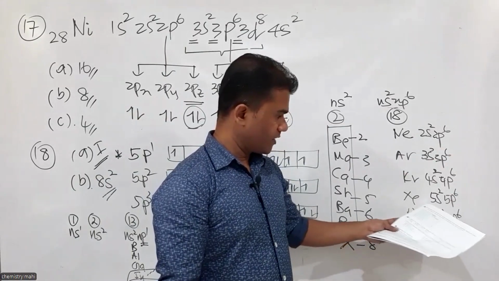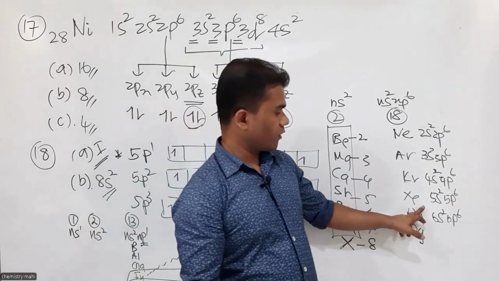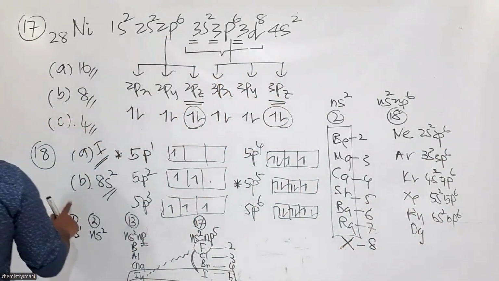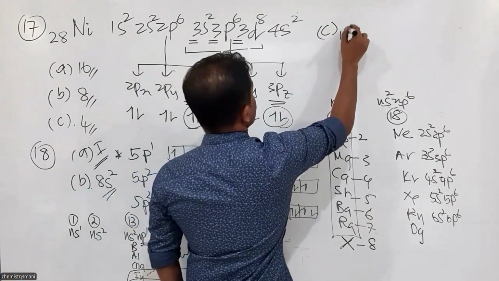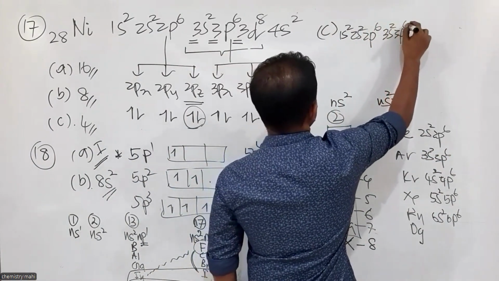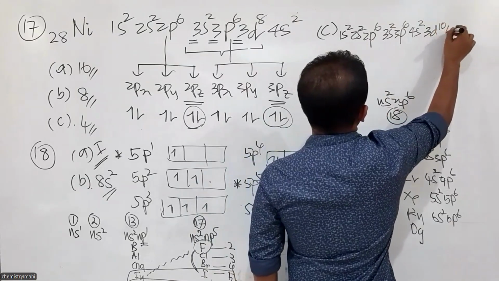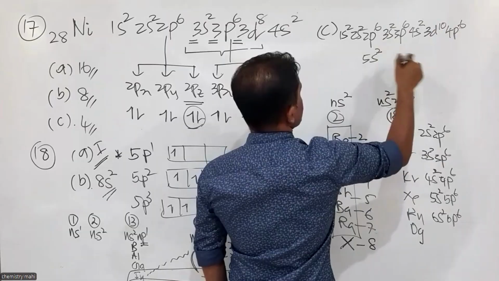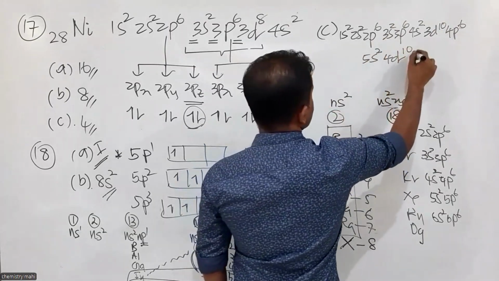Then it should be xenon. You should write the configuration up to 5p6. It's 1s2, 2s2, 2p6, 3s2, 3p6, 4s2, 3d10, 4p6, then 5s2, then 4d10, thereafter 5p6.